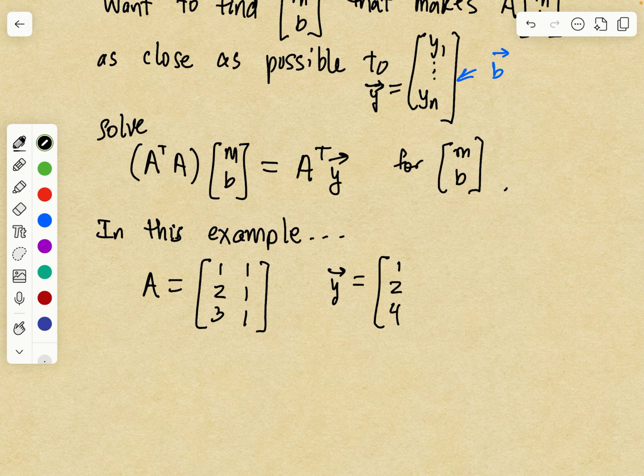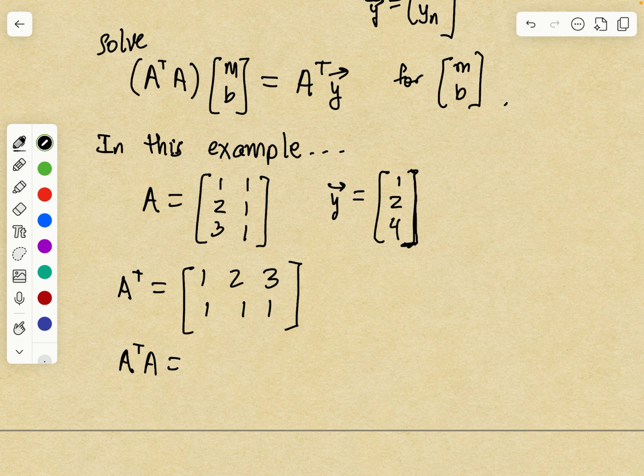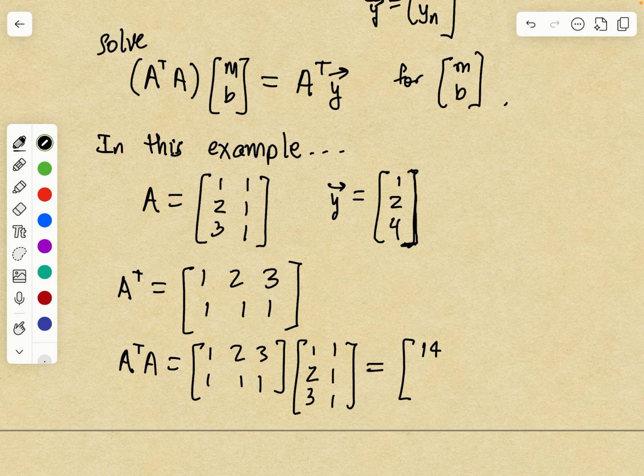That's 1, 2, 4. And so now we just solve for MB. All right, so we need A transpose. A transpose is this matrix. And so therefore A transpose A is this matrix times this matrix. And when you multiply it out, you're going to get this matrix.